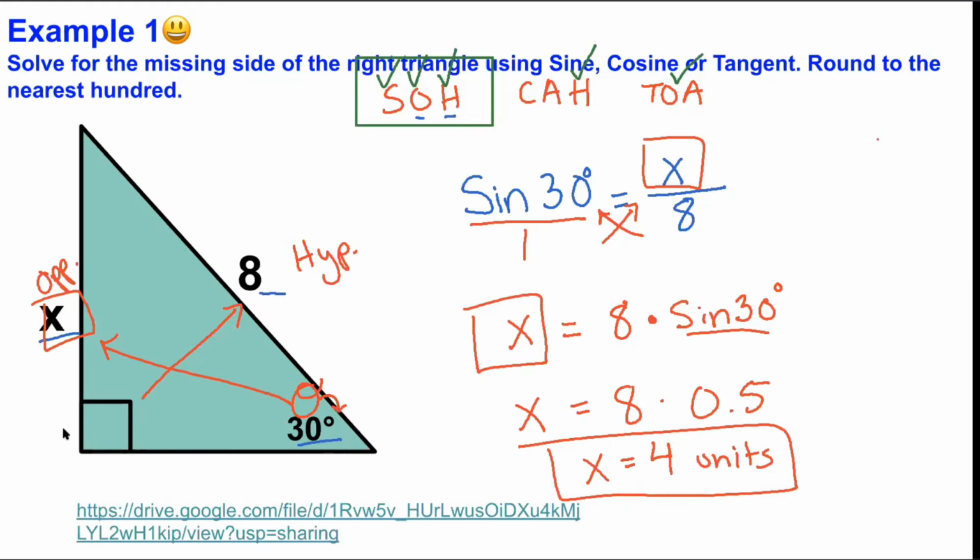So there you go. We use sine of 30. We found out that sine of 30 is 0.5. We then multiply it by 8 and simplify, and we get 4 units, which is x here in this case. So this is by using the table, okay? So the table, we go back.